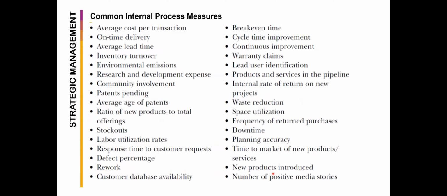What else is interesting here? Possibly new products introduced, time to market, how fast can they introduce new products or services into the market. Nothing more that I see interesting so far.